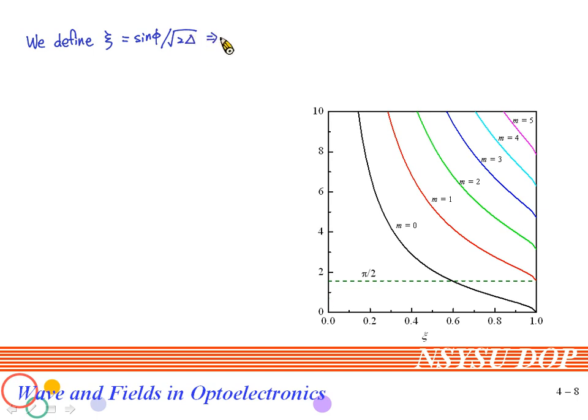And as we know, for guided modes, to successfully induce the TIR, we must have sine phi smaller or equal than square root of 2 refractive index difference delta.